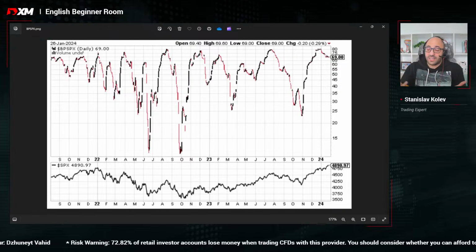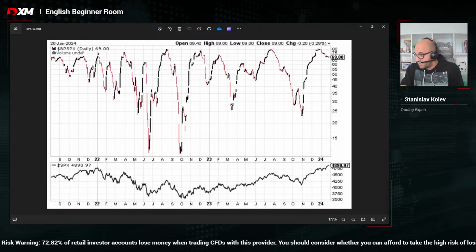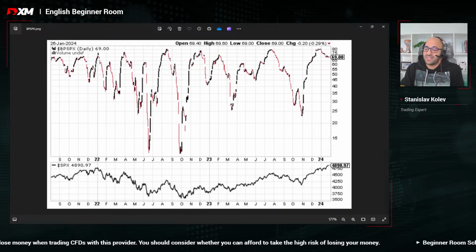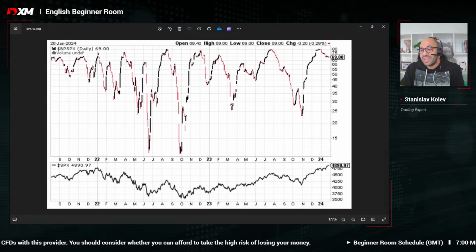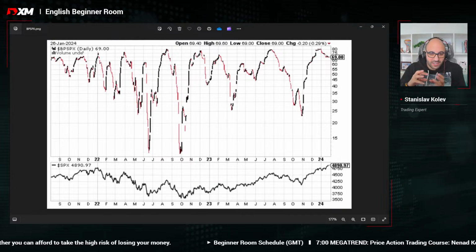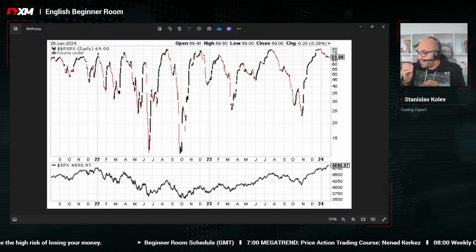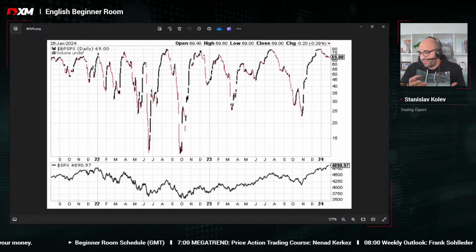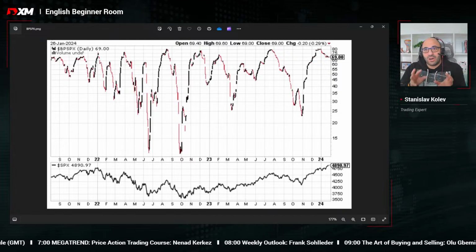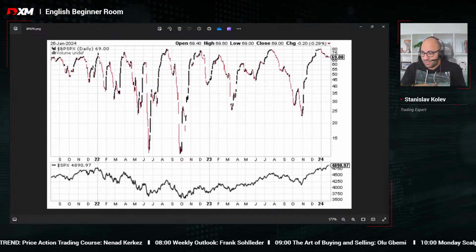So basically, the S&P Bullish Percent Index is used to measure the breadth of the S&P 500. Therefore, it is telling you what percentage of the 500 stocks in the S&P 500 are in an uptrend and what percentage are in a downtrend.